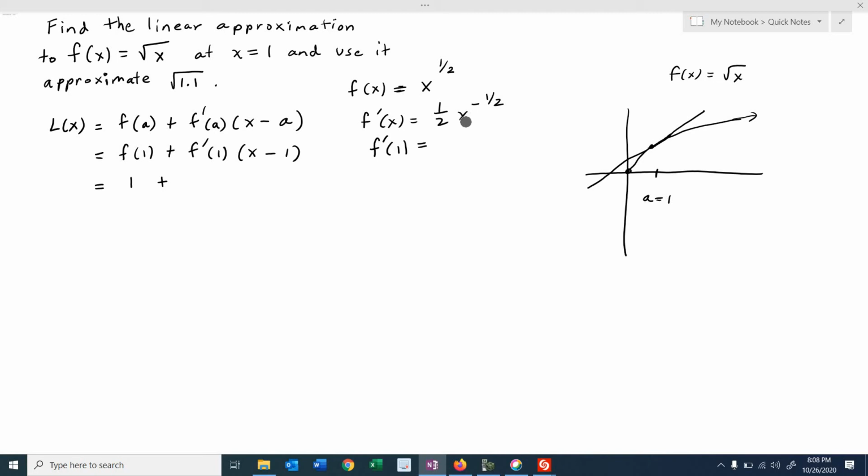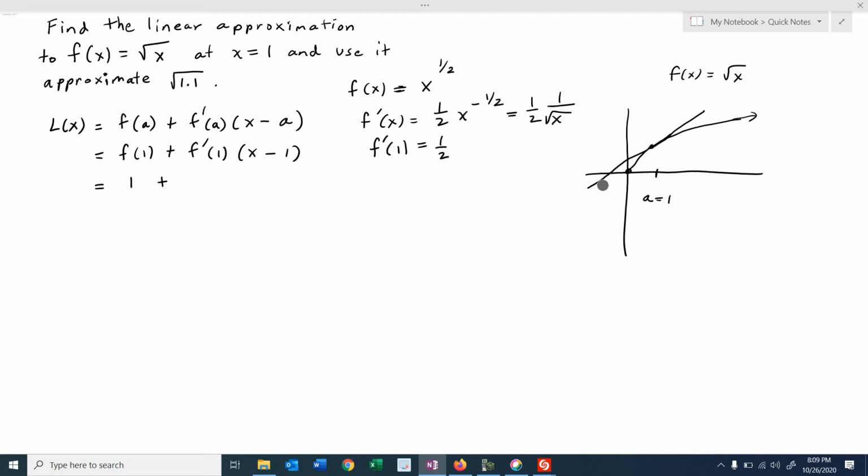Since this is a negative power, you can write this as 1 over. First of all, you have a 1/2 in front. Then this is 1 over x to the positive 1/2 power. That's what the minus sign does. Then that's just square root of x. Now if you plug a 1 into here, evaluating this derivative at 1, notice that you get 1/2.